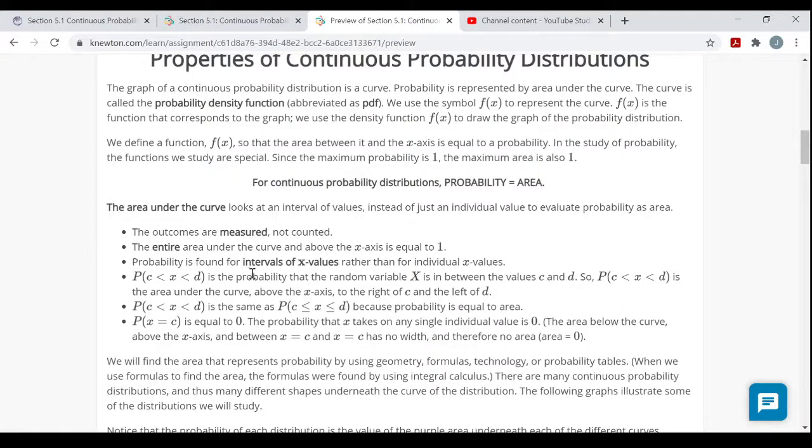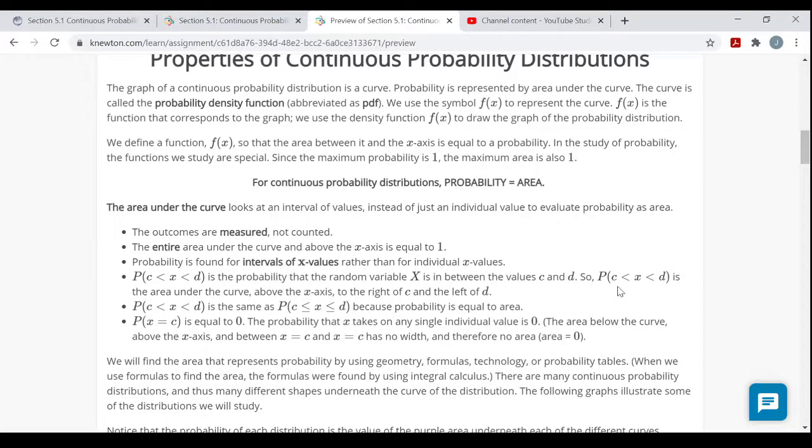Probability is found for intervals of x values, like they set up here, rather than for individual x values, which I'll talk more about down here. Here, the probability that x is between c and d is the probability that the random variable x is in between the values c and d.